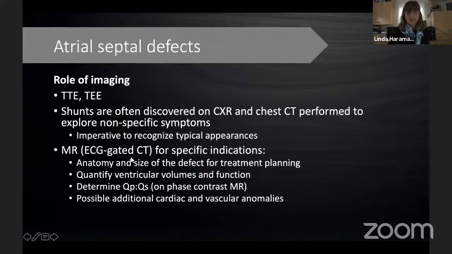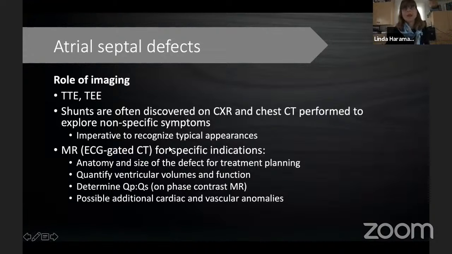Retrospectively gated CT, we can also measure ventricular volumes and function, although the results are not exactly comparable to MRI, and it's a little bit less of a reference standard. When we look at the pulmonary to systemic blood flow ratio, which is another factor used in determining treatment, on MRI, we can directly measure the flow using phase contrast imaging.